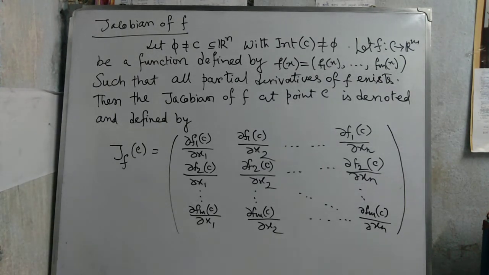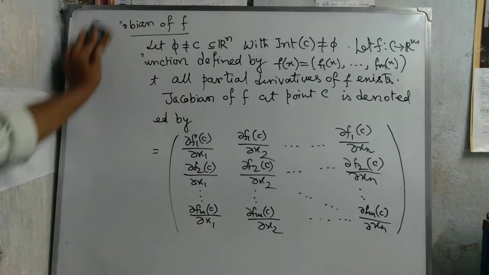So next we also discuss the Jacobian of some functions. That means we create some functions and find their Jacobian, and see how the Jacobian is determined. Then we erase this portion now.